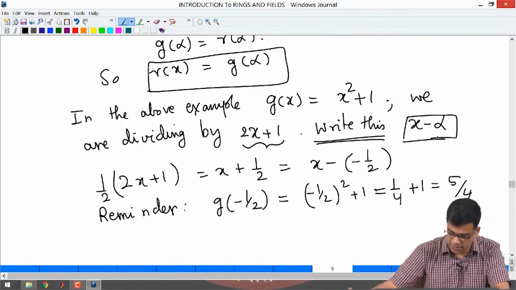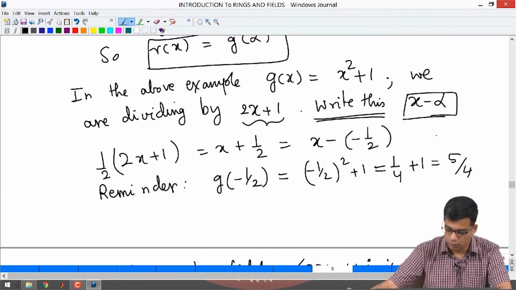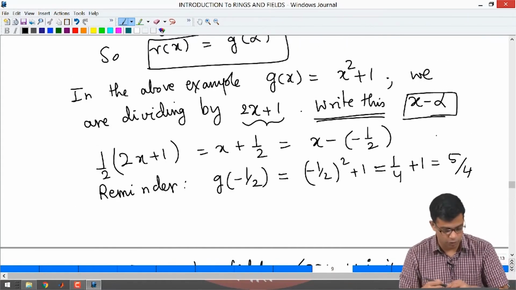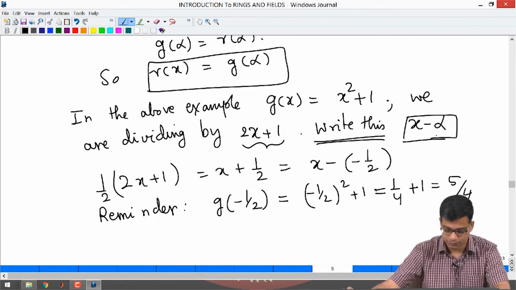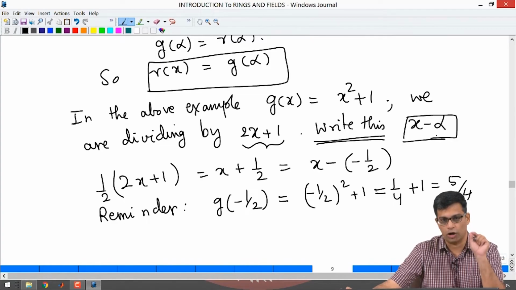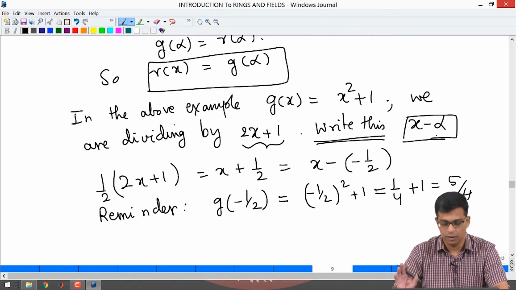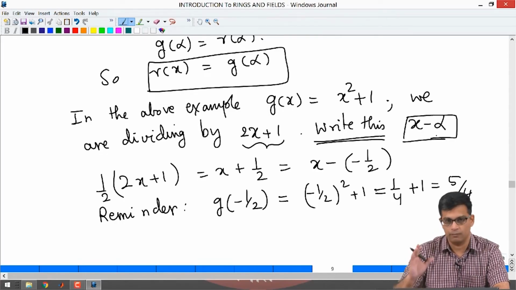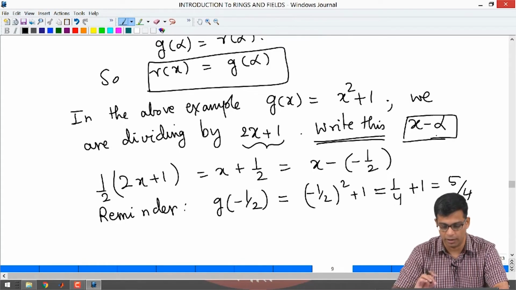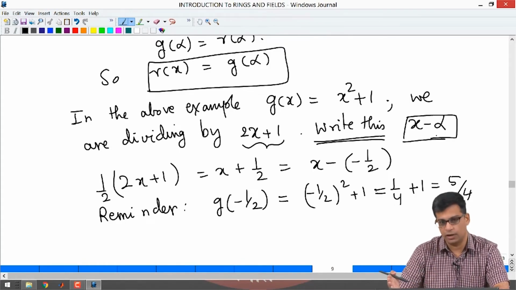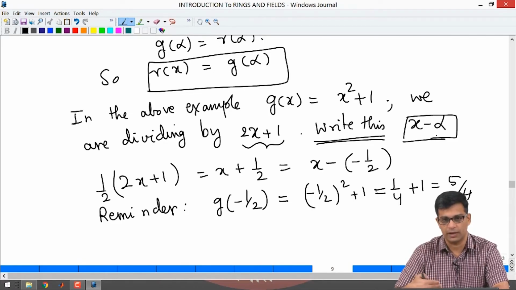The next, so this is our discussion about polynomial ring in one variable, because I want to introduce now polynomial rings in several variables. But just to recap what we have done, we have introduced polynomials in a single variable x. x is really a symbol, its expressions as powers of x with a coefficient coming from R in front of it, and then we learned how to add them, we learned how to multiply them, and we observed that it becomes a ring.